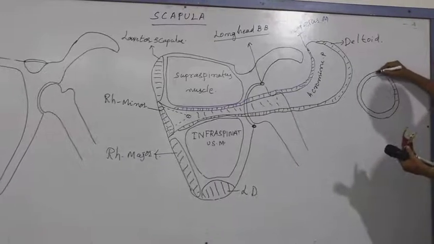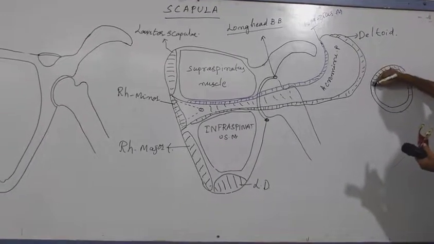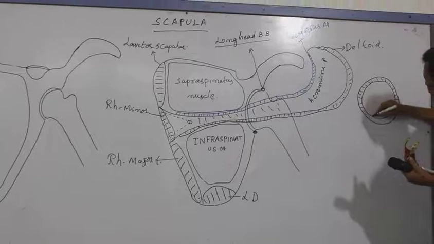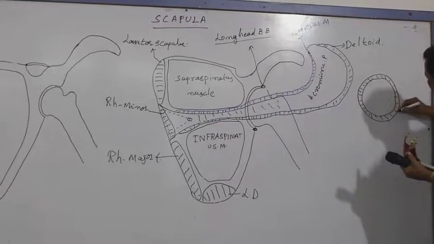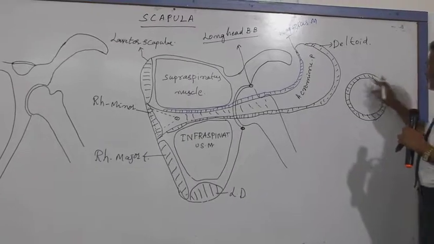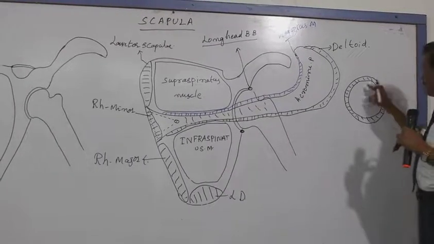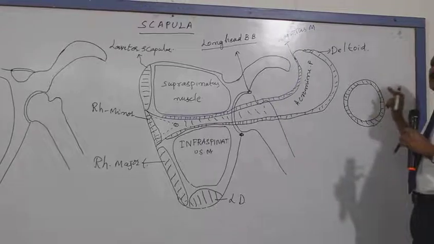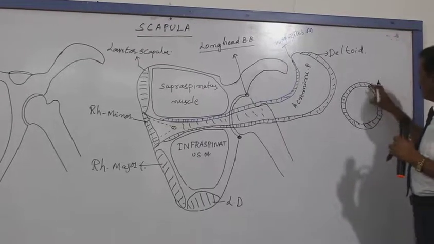The glenoid labrum is attached to the margins of the glenoid cavity, and this labrum deepens the glenoid cavity.